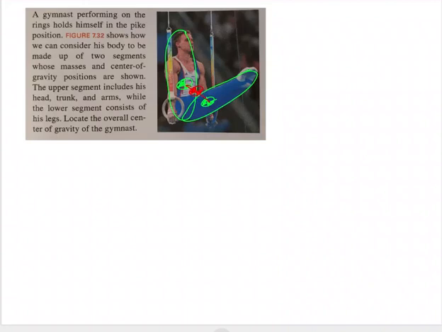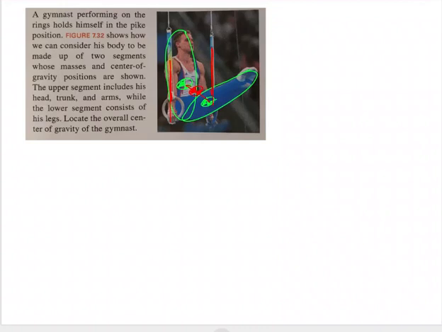If we were somehow able to turn this picture to the side and look, you would find that this center of gravity is perfectly lined up with the straps on those rings. And that's how he's able to balance himself the way that he does. It's actually more of a balance problem.